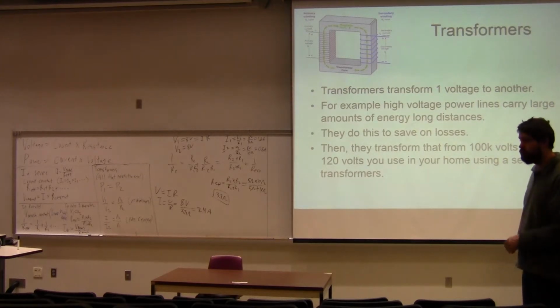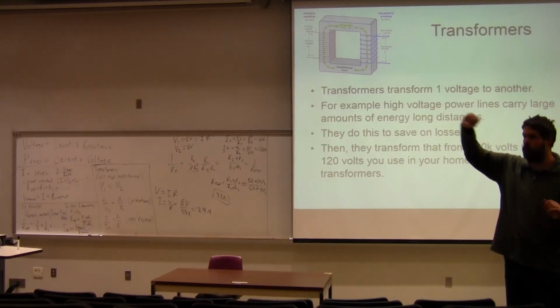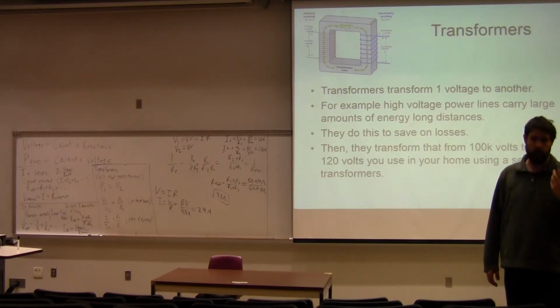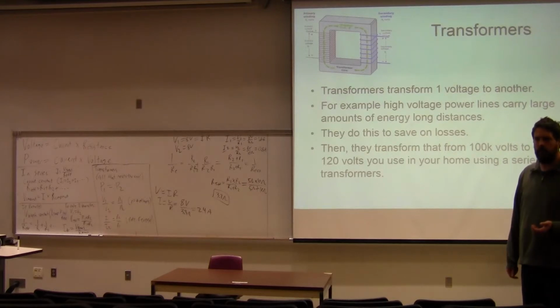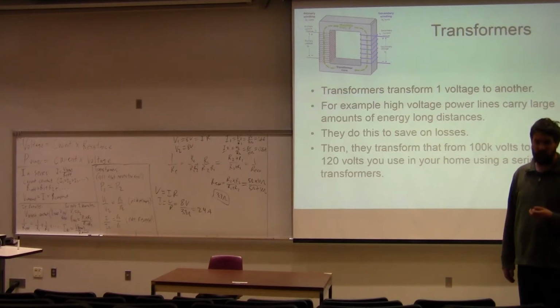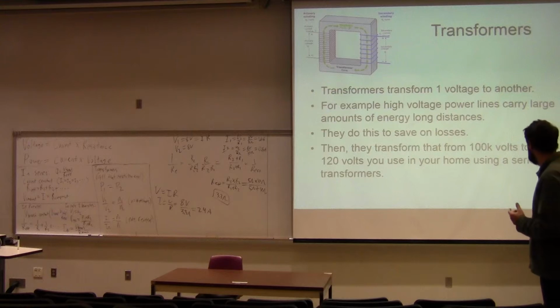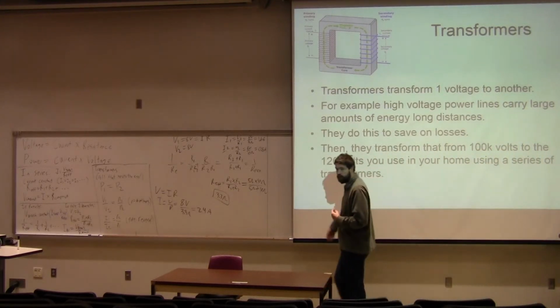So electric companies send power at very high voltage across the lines for hundreds of miles until they get to the city, and then they ramp the voltage down into the residential areas, and then down going into your house, using a series of transformers. That's why a lot of times your electric goes out: a transformer blew, and they have to replace it. You can't fix transformers, you have to replace them. So they go from 100,000 volts to 120 volts.